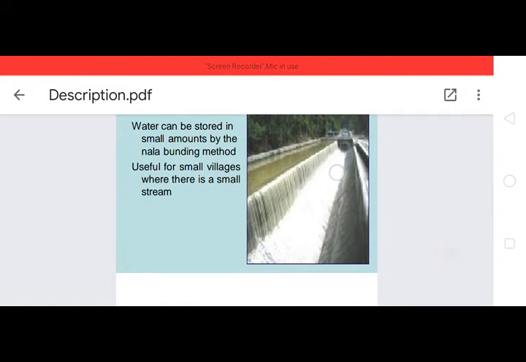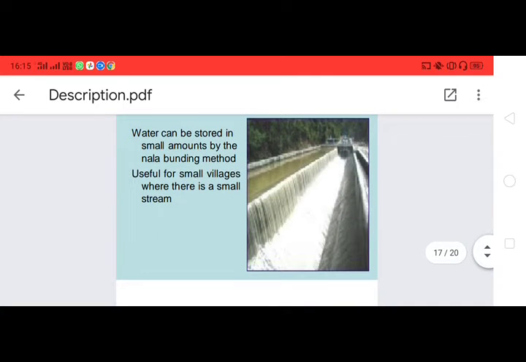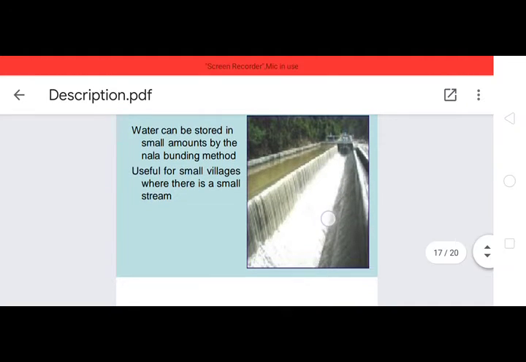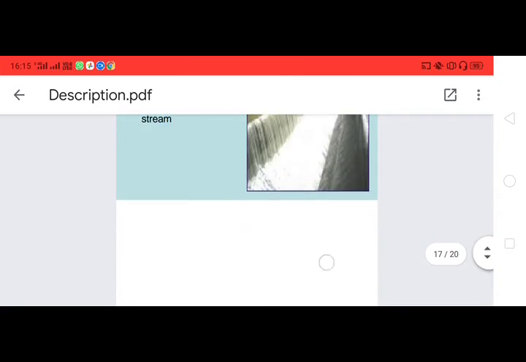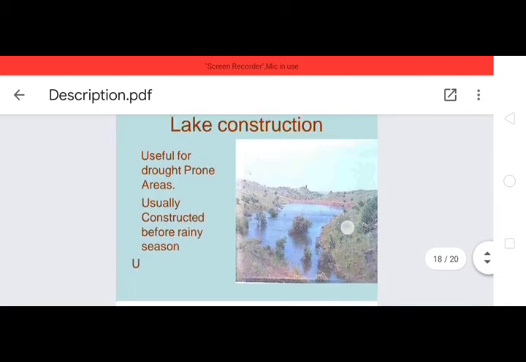This type of artificial catchment is introduced to mitigate the failure of catchment.